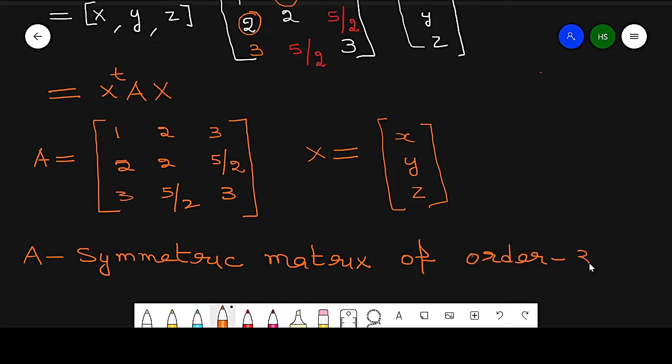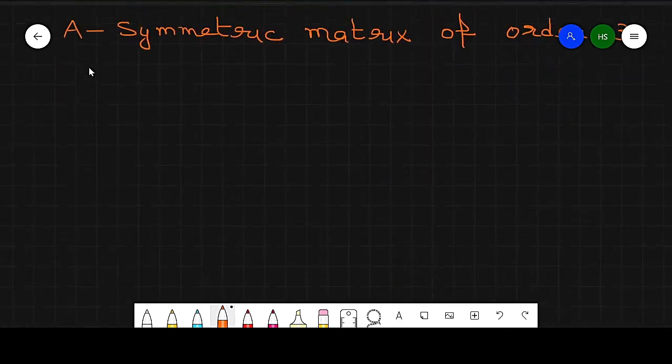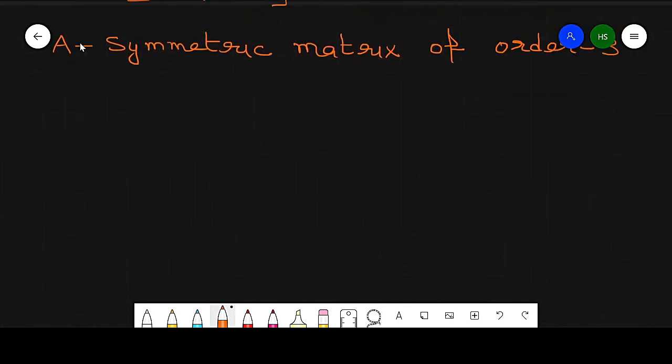So in the quadratic form, this matrix will be clearly a symmetric matrix of this kind. So in this way, we can find the matrix from the quadratic form. Now in the second part, the matrix is given and we want to find the quadratic form. So question number 2. What is the statement of question number 2?